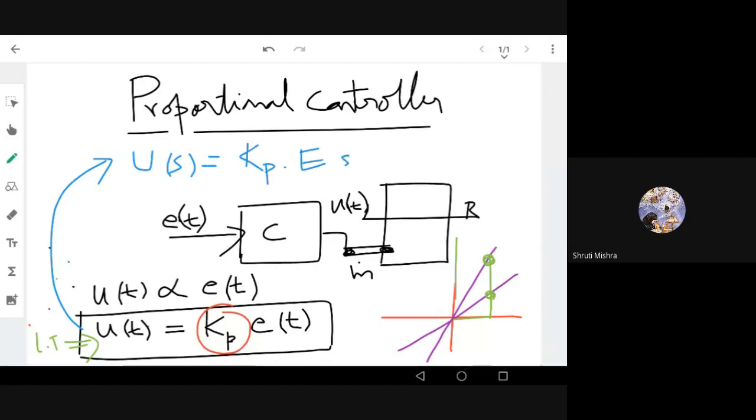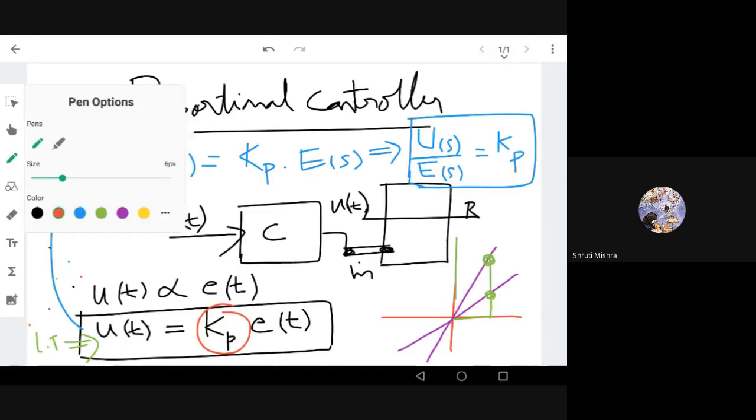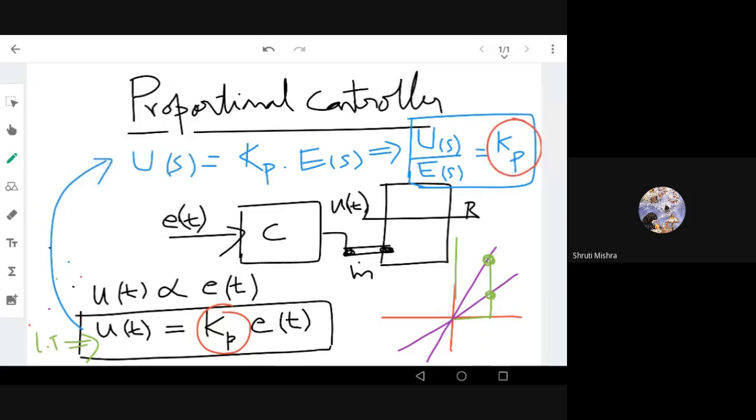That's it. Now, how to get the transfer function? Output by input. What is the output? The output of your controller is U(s). So U(s) divided by E(s), output by input of the controller, we get Kp. So this is the transfer function. In a proportional controller the transfer function is nothing but a constant Kp.